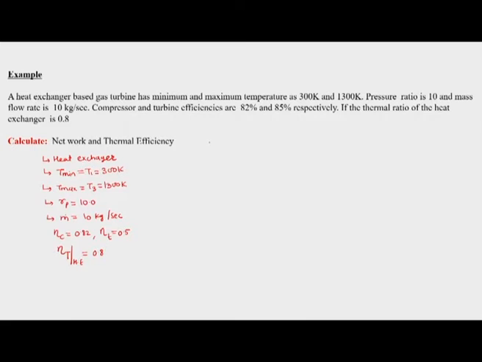So, let us draw the TS diagram first. In this TS diagram, what we have is first 1 to 2 dash, 2 dash to 2, 2 to 3, 3 to 4, where 3 to 4 is the real process and 3 to 4 dash is the ideal process.